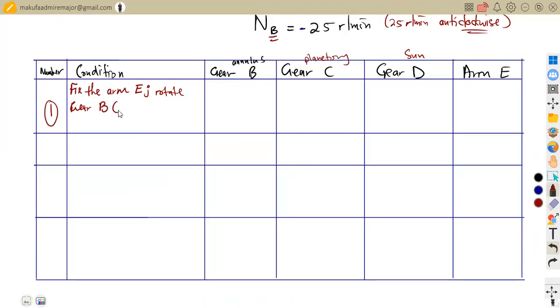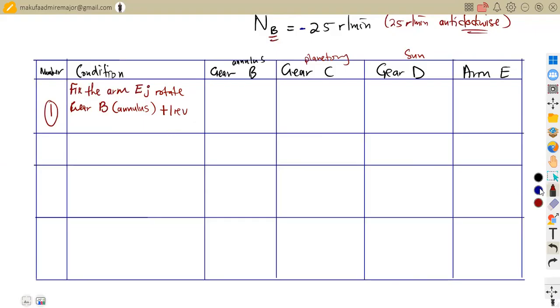So this gear B is simply representing the annulus or the ring gear, plus 1 revolution. Plus 1 revolution means 360 degrees to the right, clockwise. So that is your first condition.